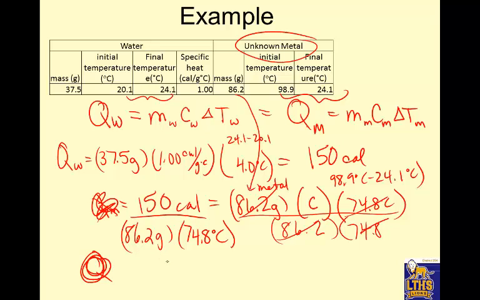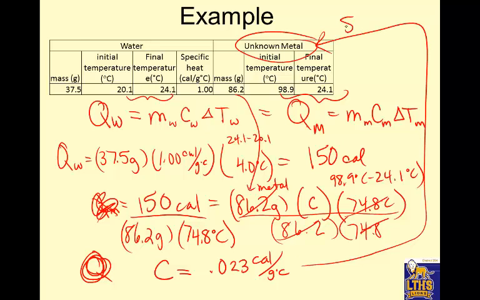So our final answer for C: 150 divided by 86.2 divided by 74.8 gives us 0.023. What's the units? Calorie per gram degree Celsius, which is the specific heat of the metal. So we just found the specific heat of the unknown metal. We can use calorimetry to do that.